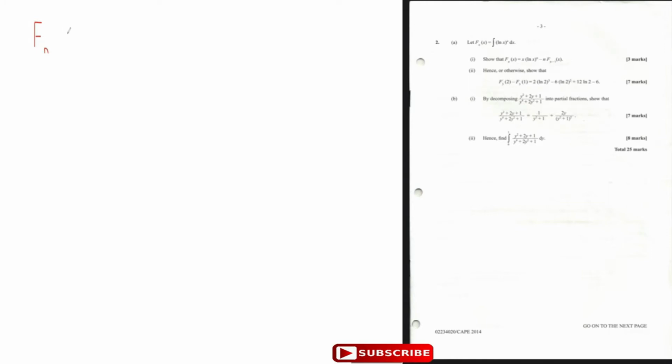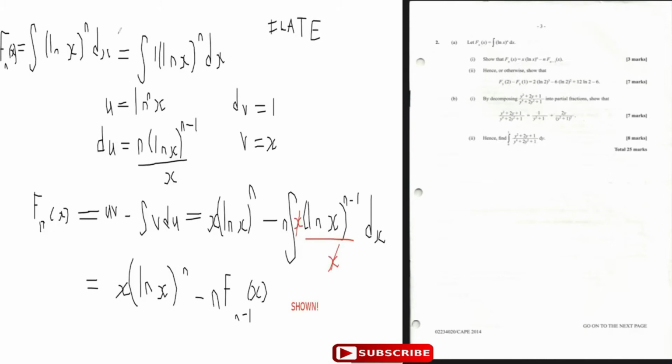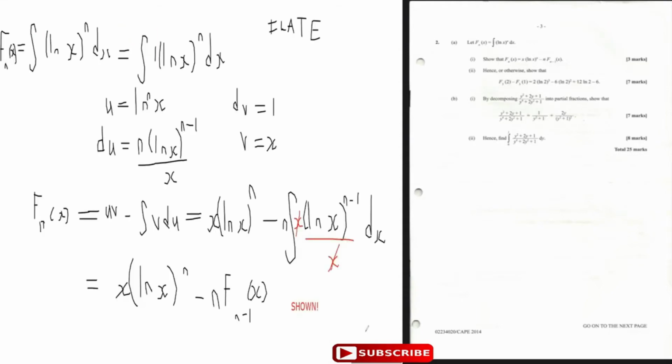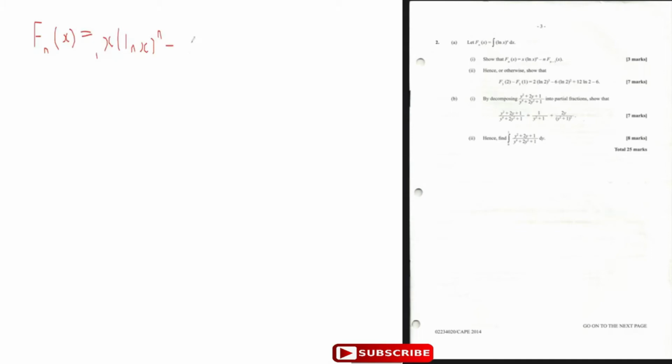So to do that, you have to start by writing down back that fn of x is equal to x times ln x to the n minus n f n minus 1 of x.